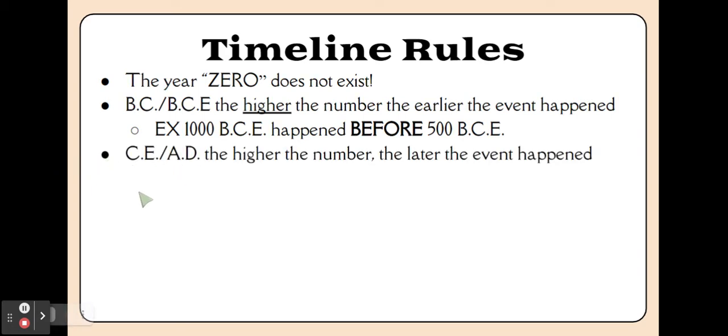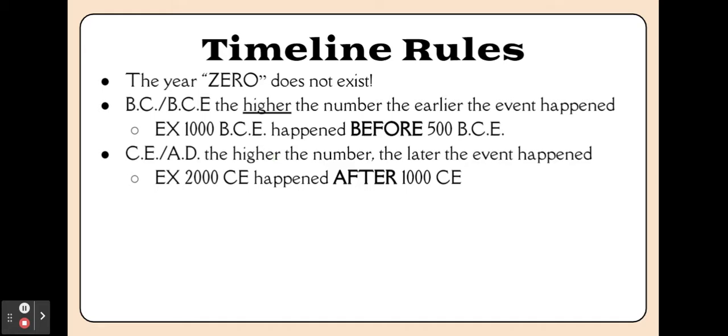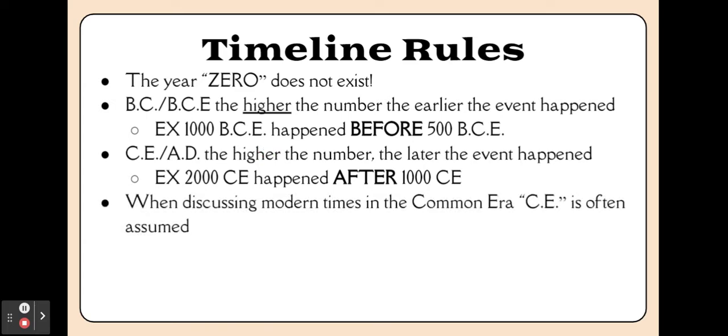Now on the CE and AD side, the number that is higher is going to be the later event that happened. So, for example, 2000 CE is going to happen after 1000 CE. And whenever we're talking about modern times, it's just assumed that we're using CE. Like in 2018, CE is just 2018.